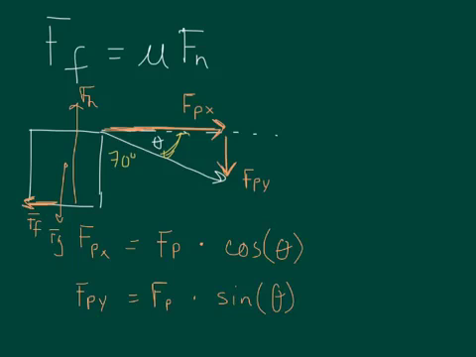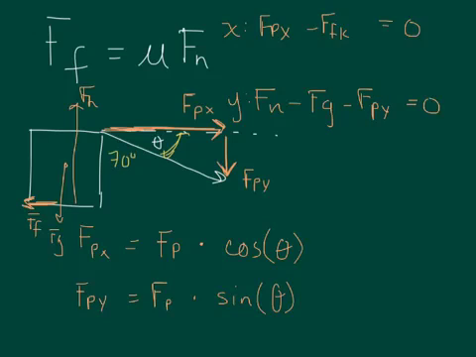It doesn't really matter at this point. I just want to show the equation. In the x direction, you would have positive FPX minus Ffk. We'll say it's moving at a constant velocity, and that equals 0. And in the y direction, you would have positive Fn minus Fg, but then minus FPY.